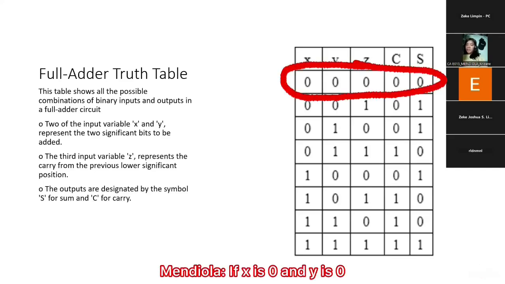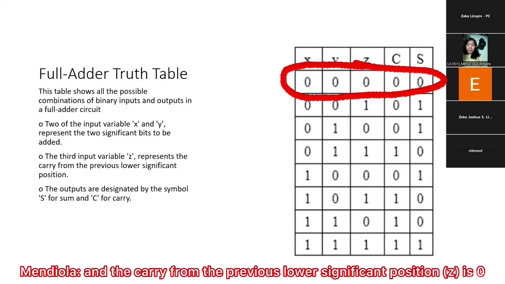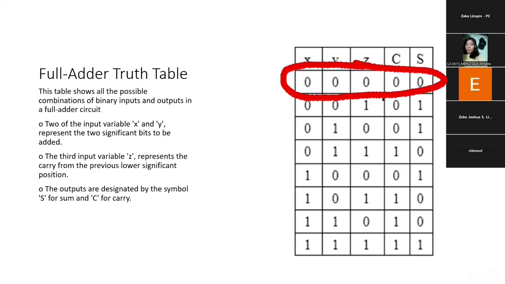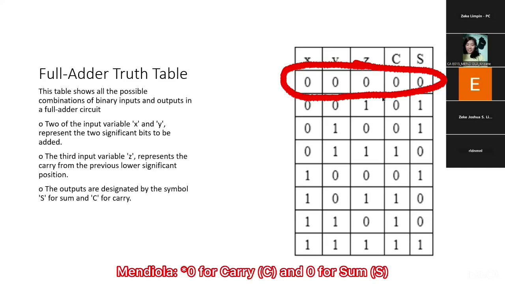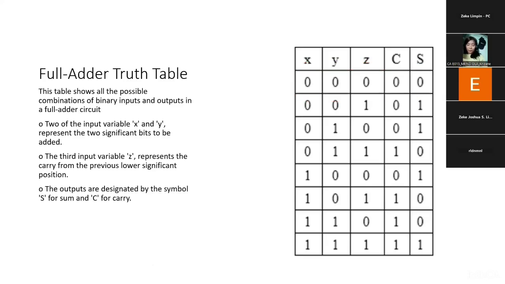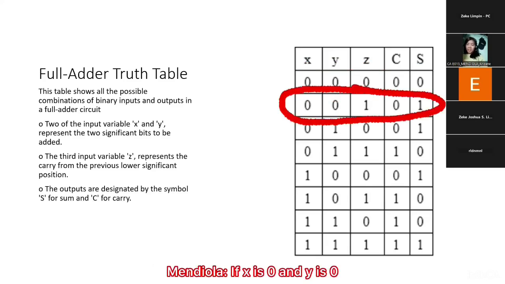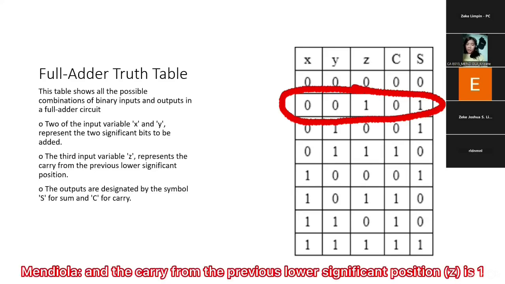If x is 0 and y is 0, the carry from the previous lower significant position is 0. The output will be carry 0 and sum 0. Next, if x is 0 and y is 0, the carry from the previous lower significant position is 1.